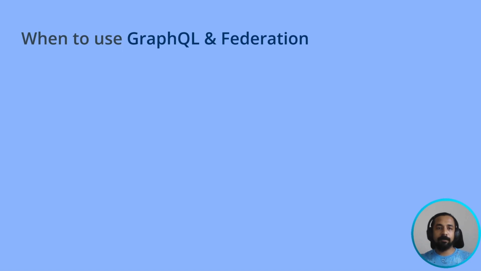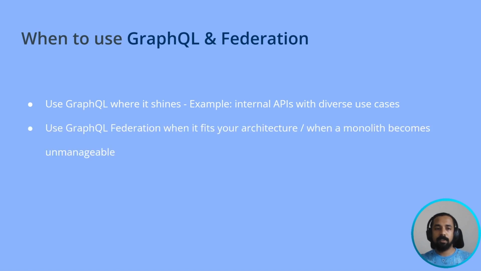The next question is when to use GraphQL and Federation. GraphQL should be used where it shines. For example, GraphQL does its best when it's used for internal APIs with diverse use cases, that is, when there are multiple clients like internal services, mobile applications, web applications and so on.